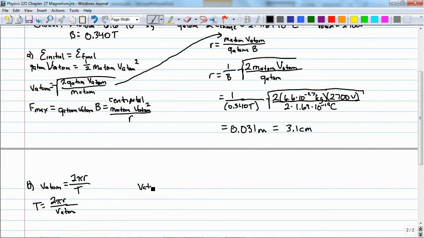V atom is equal to the square root of 2 times the charge times the potential over the mass of the atom.